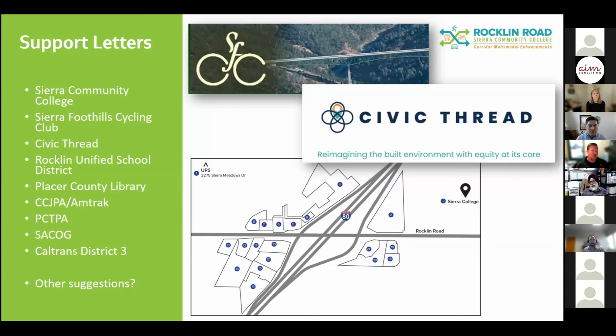We're also going to be reaching out to some other clubs in the area, like the Sierra Foothills Cycling Club and Civic Thread, which used to be called Walk Sacramento, trying to gather as much support as we can to make our application as competitive as possible, to gather as much funding as we can to improve the amenities throughout this area.